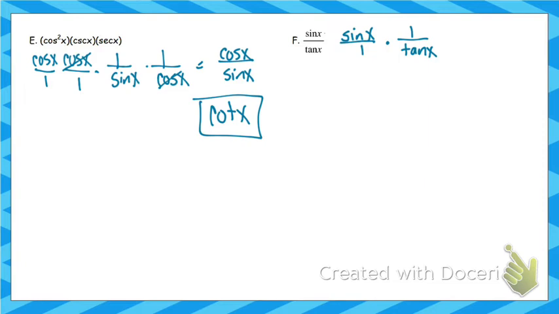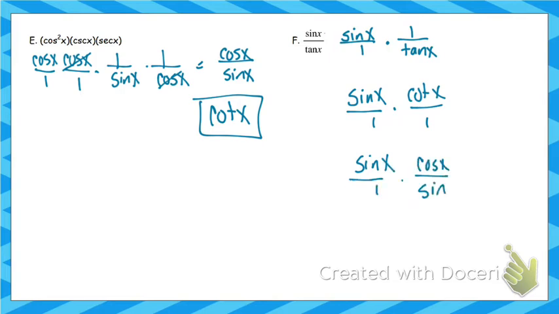All right, well, 1 over tangent is the same thing as cotangent. So this is the same thing as cotangent. Cotangent is the same thing as cosine over sine. So your sines cancel out, and you're left with cosine.